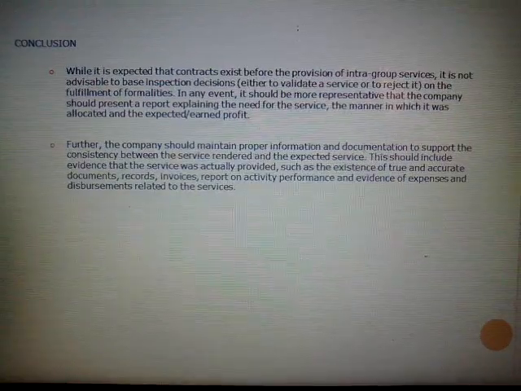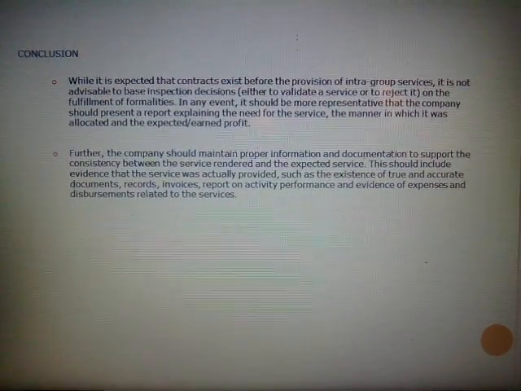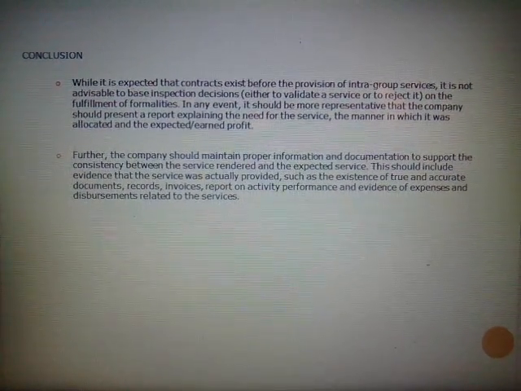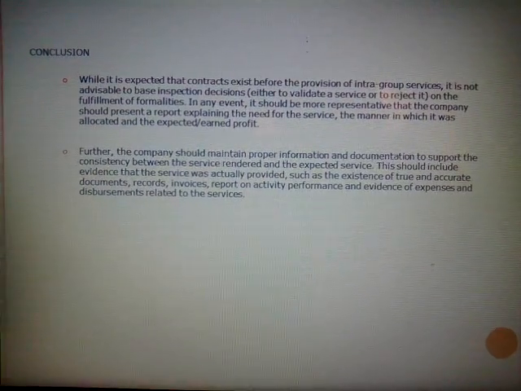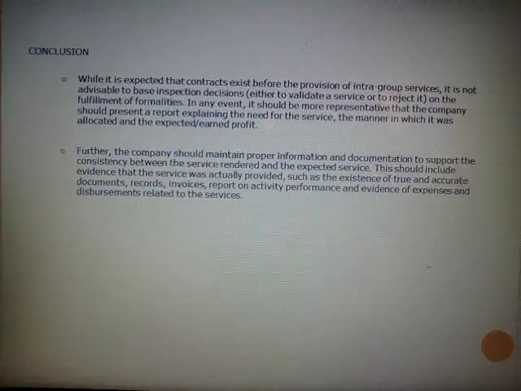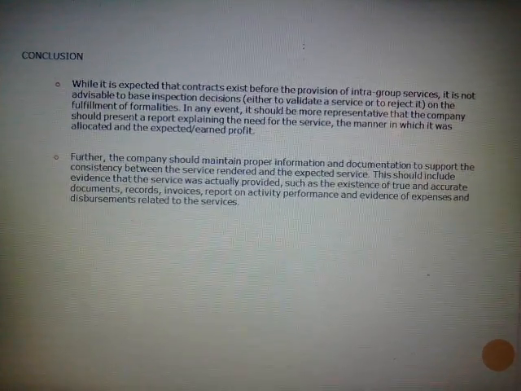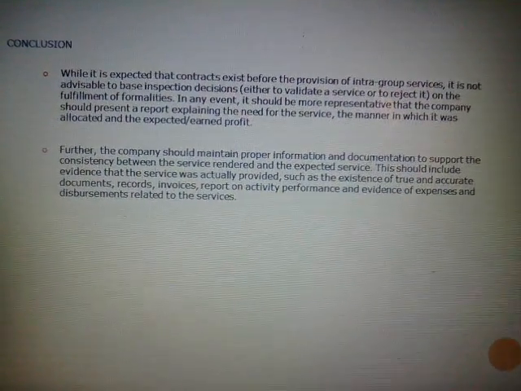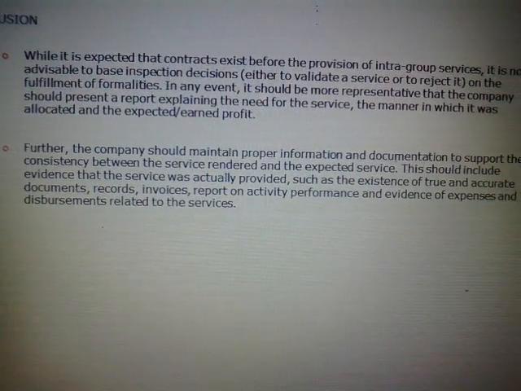Conclusion. While it is expected that contracts exist before the provision of intra-group services, it is not advisable to base inspection decisions, either to validate a service or to reject it, on the fulfillment of formalities.